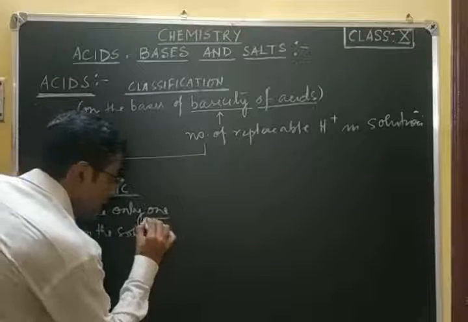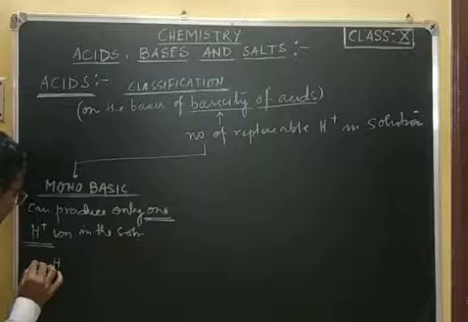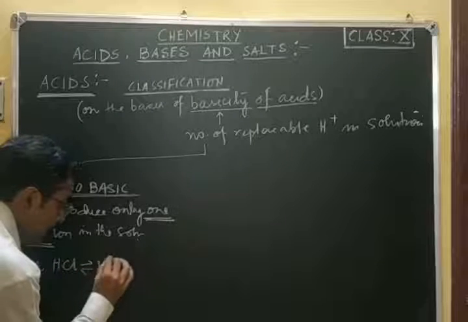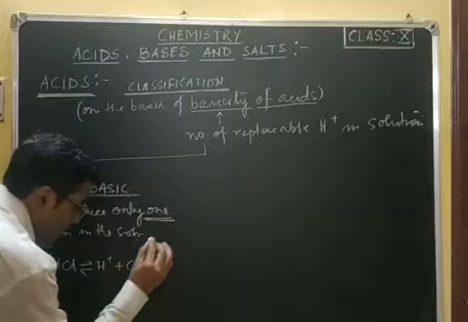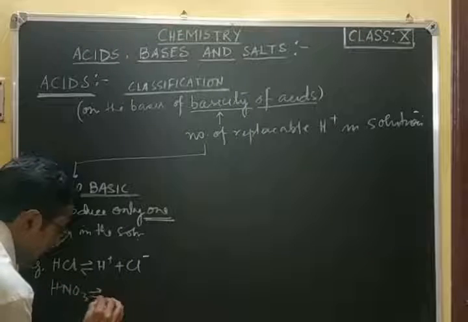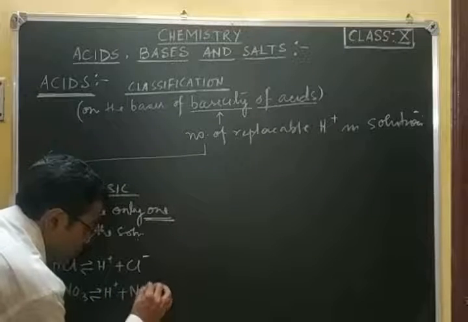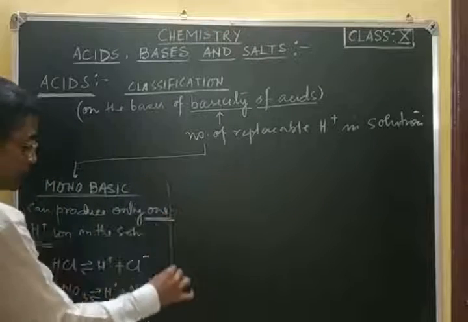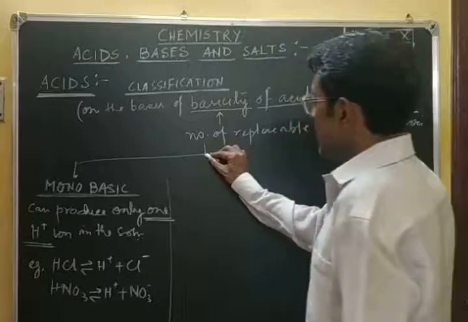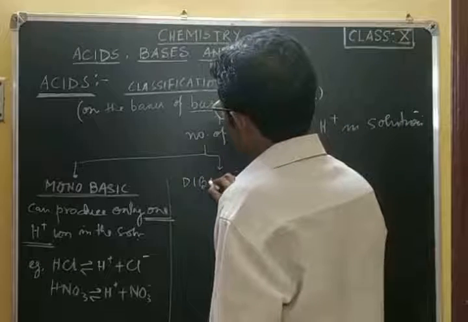So the key word is one hydrogen ion. So we can take example as HCl. See, HCl can produce only one hydrogen. Say HNO3, nitric acid, it can also produce only one hydrogen ion in the solution. So this is our monobasic acid. Next comes dibasic acid. So I can write dibasic.